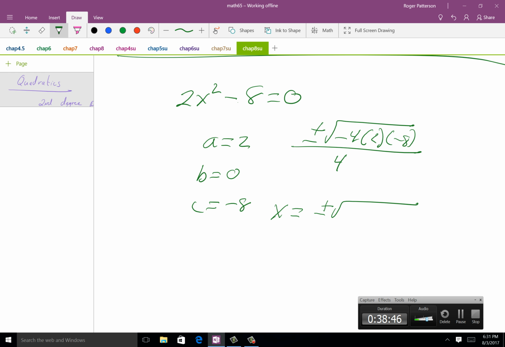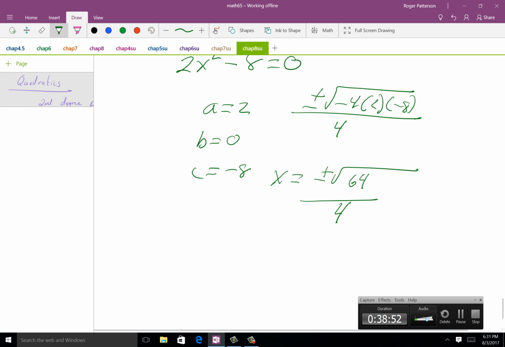So that's 64. 64 is a perfect square. There's my answer. Okay, so there is a way to do these on the quadratic formula way rather than the square root technique. Quadratic formula works all the time, square root technique does not.